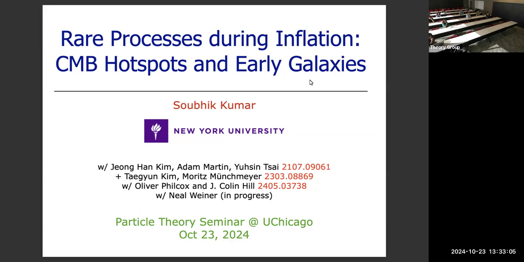They can, for example, give rise to very high redshift galaxies, which would be at higher redshift compared to lambda CDM expectations. So the CMB part of the story would be based on the first three papers here, and then the discussion in the context of galaxies that's ongoing with Neil at NYU.